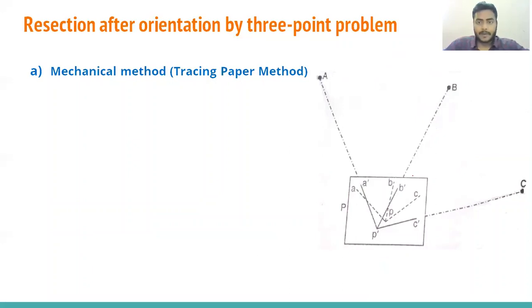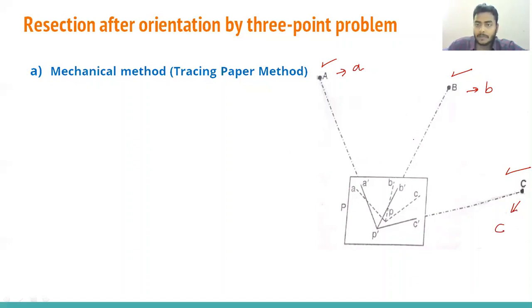You can see in the figure stations A, B, C. Three stations are there. On the drawing sheet, station A is represented by small a, station B by small b, and station C by small c.